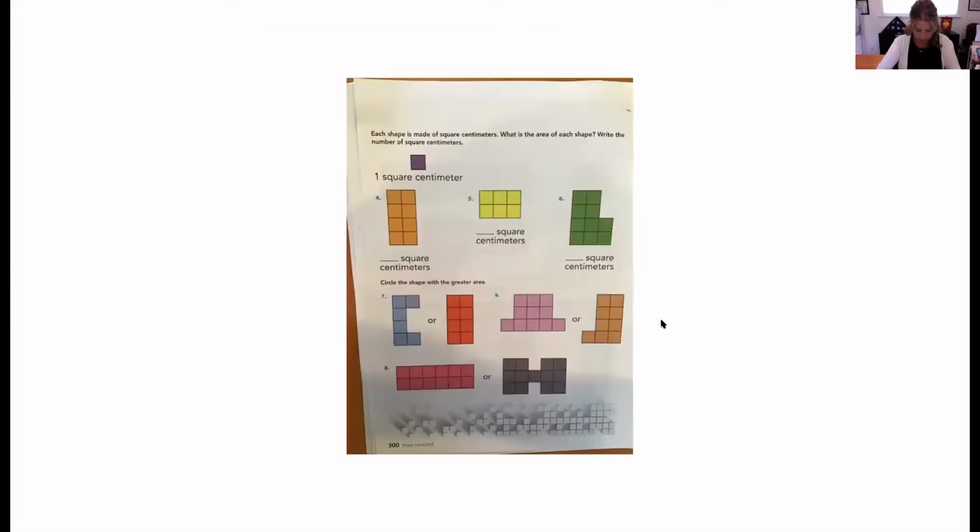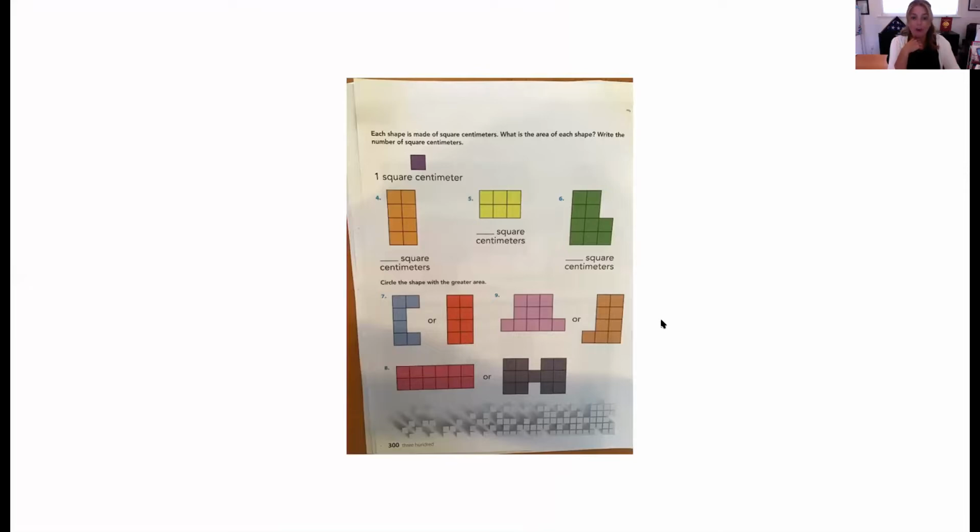Let me share my back with you. There we are. Okay, so let me read the top. Each shape is made of square centimeters. So is the square inch still? No, it's 1 square centimeter. What is the area of each shape?